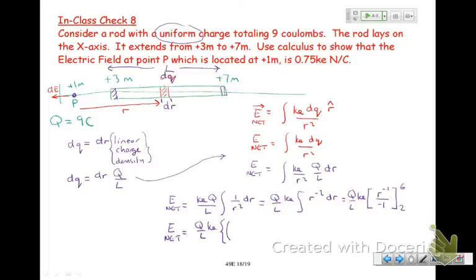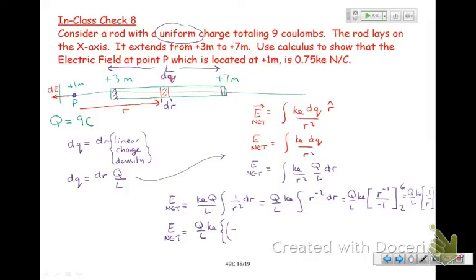So let me rewrite this. Q over L k_e, minus 1 over r. Is that right? Yeah.